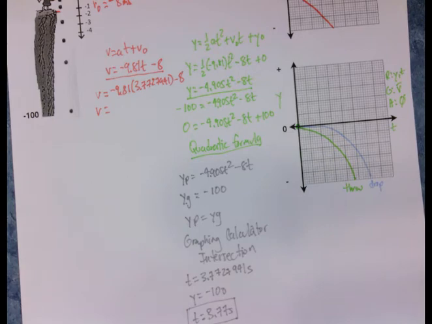So we have negative 9.81 times 3.7727941 minus 8. And we get negative 45.01.